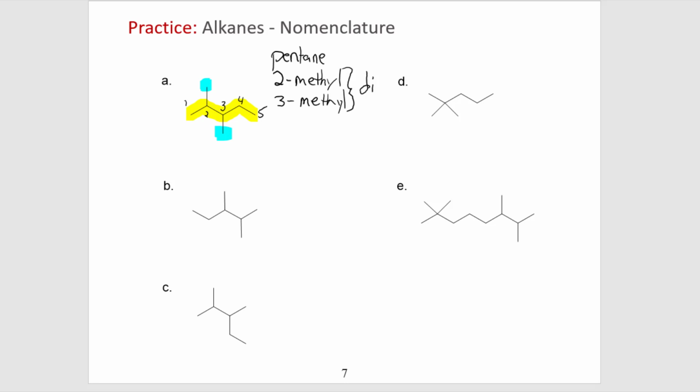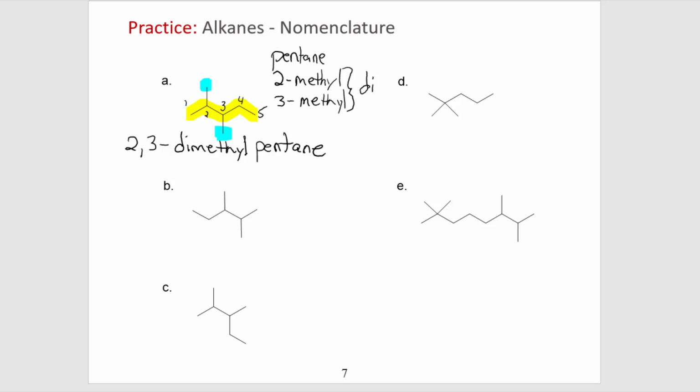So the name of this molecule is 2,3, notice the comma, dimethylpentane. At 2 and at 3, there is a methyl. There are 2 methyls, dimethyl. One's at 2, one's at 3.